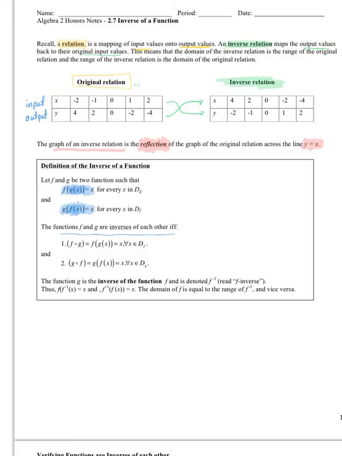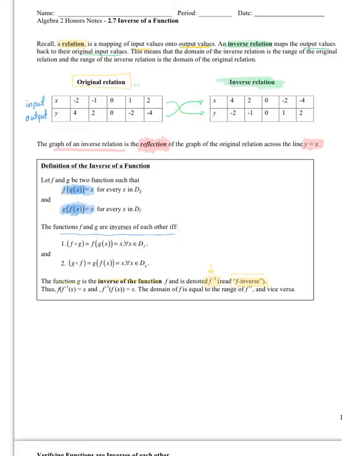So how do we represent taking the inverse of a function? Well, if you have the function g and it is the inverse of the function f, you represent that as f with a superscript of -1. And you read that as f inverse. So you're taking the inverse of f.